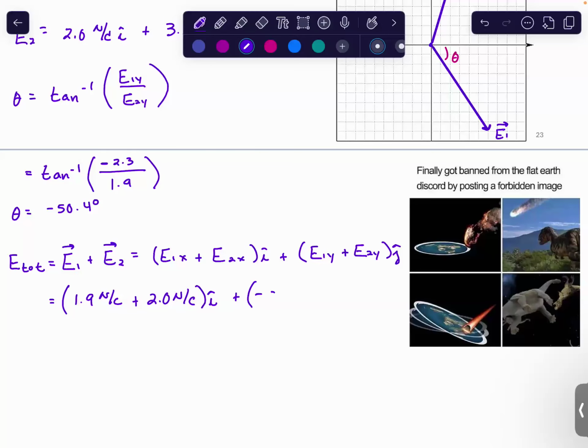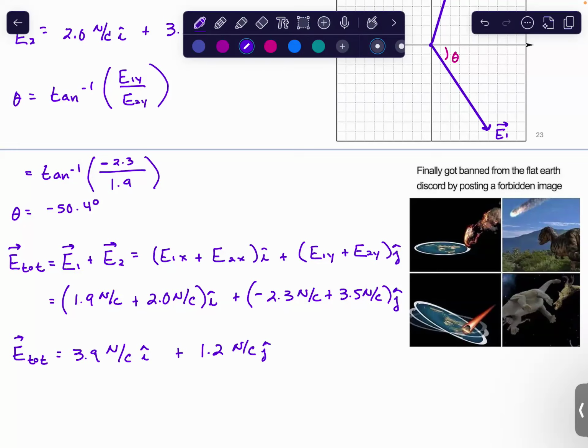Negative 2.3 newtons per Coulomb plus the E2y, which is 3.5 newtons per Coulomb j hat. And when I add those up, I get a total electric field that is 3.9 newtons per Coulomb i hat plus 1.2 newtons per Coulomb j hat.